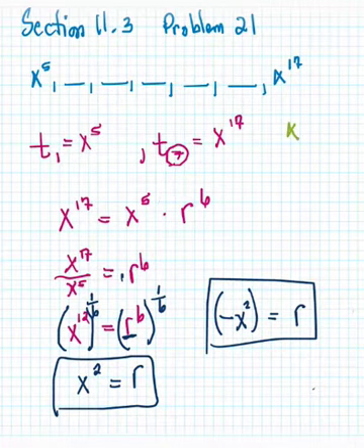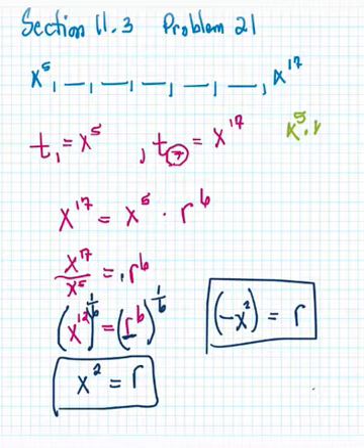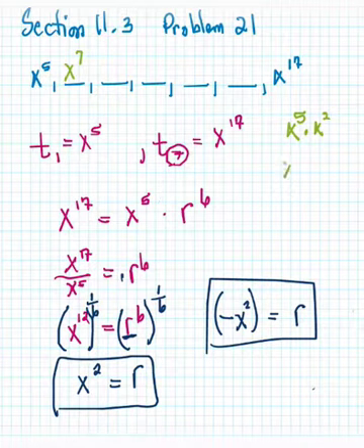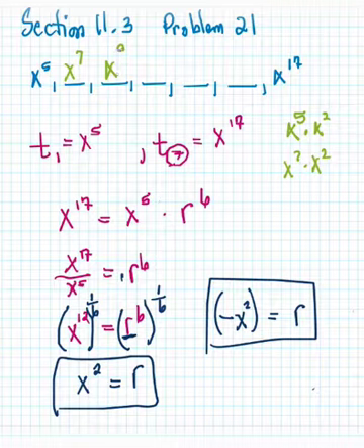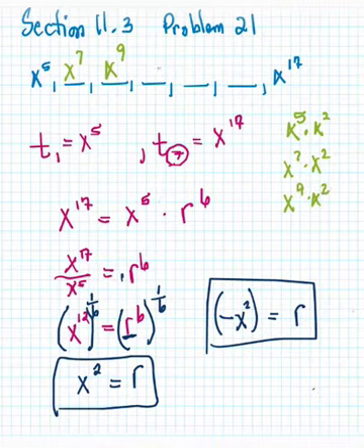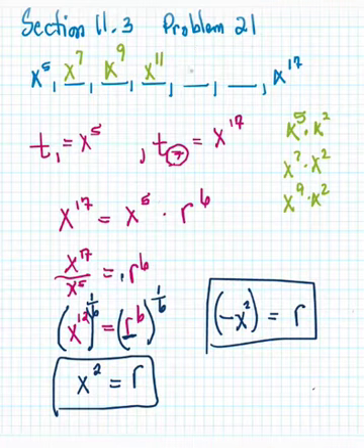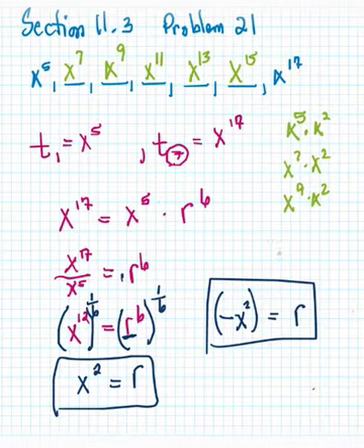Let me make a little chart here. X to the 5th times x squared, the common ratio, is going to be x to the 7th. Then x to the 7th times x squared is x to the 9th. Then x to the 9th times x squared is x to the 11th. Then I can see x to the 13th and x to the 15th. That's great. That's one of my series it could be.